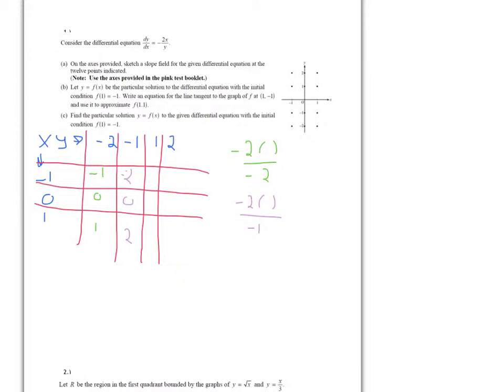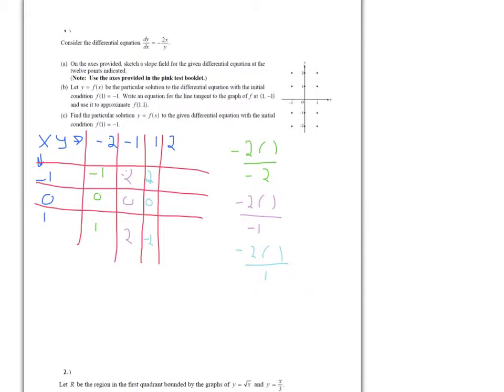Now, if we plug in 1 for y, so we have -2 times what x value over 1. -2 times -1 is +2. 0. -2 times +1 is -2. And lastly, what color haven't I used yet?